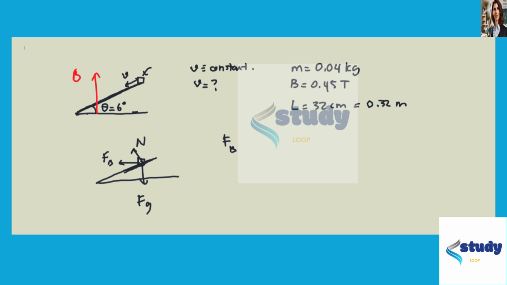So you can clearly see that the magnetic force has to be pointing the other way. The reason it's either to the left or to the right is because remember what this magnetic force is: the current times the length times the external magnetic field. So the current is either going into the page or out of the page through the bar.